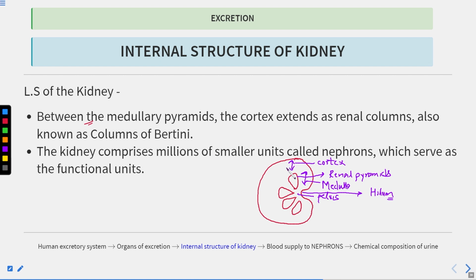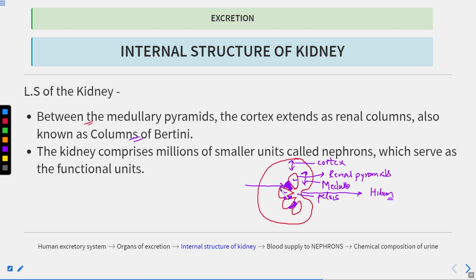Now between this region and this region, what happens? The cortex extends in between these renal pyramids, and this is known as the columns of Bertini.